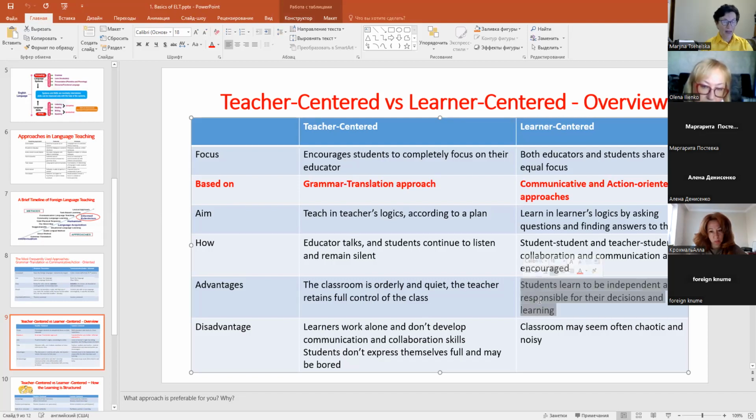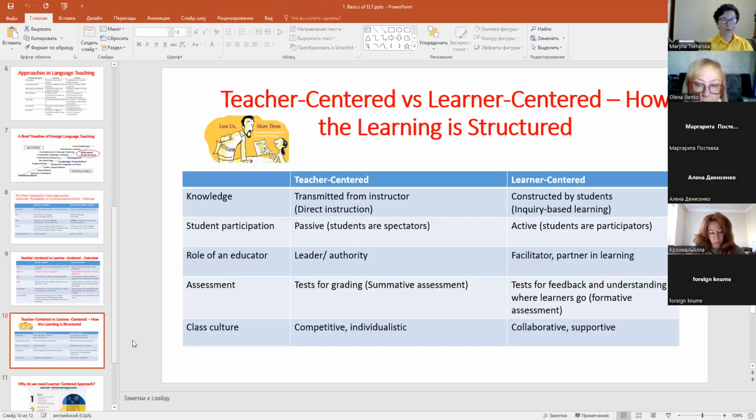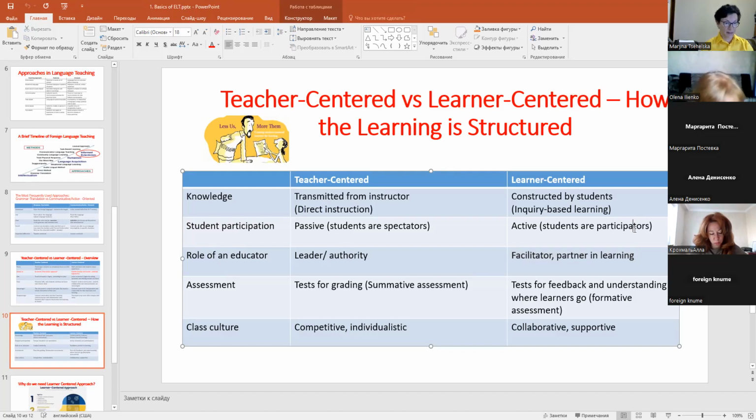And for me, this is the key of teaching. When not a teacher but a student is responsible for knowledge gaining, for what he or she is learning, it changes the focus of the classroom. And in this environment, students become facilitators and partners in learning, and also active participants.